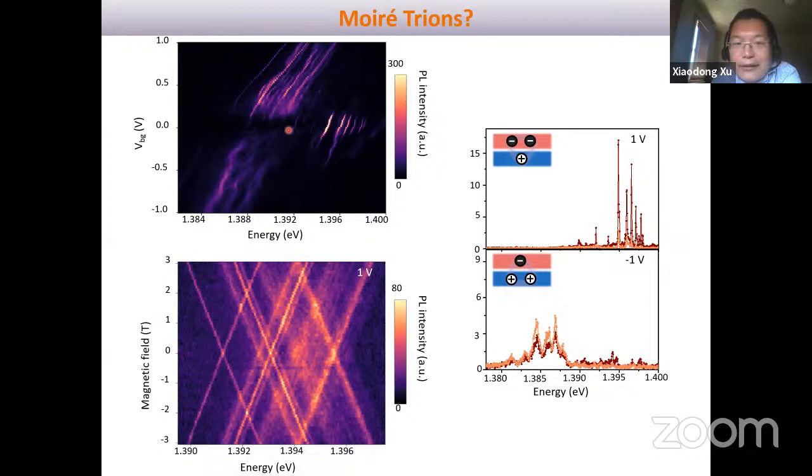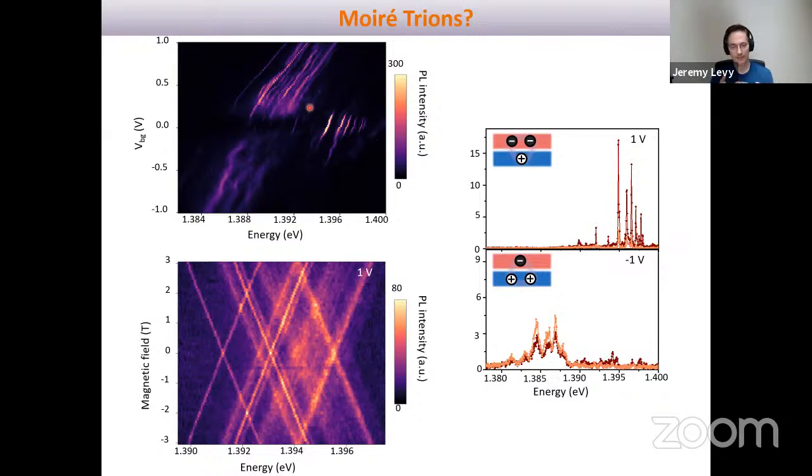When you apply a lateral gate, you're also having doping effects basically. Whenever you have a gate, you have doping effects. And it's hard to distinguish these tiny effects coming from doping or electric field effects, or just from the inhomogeneity of the sample.